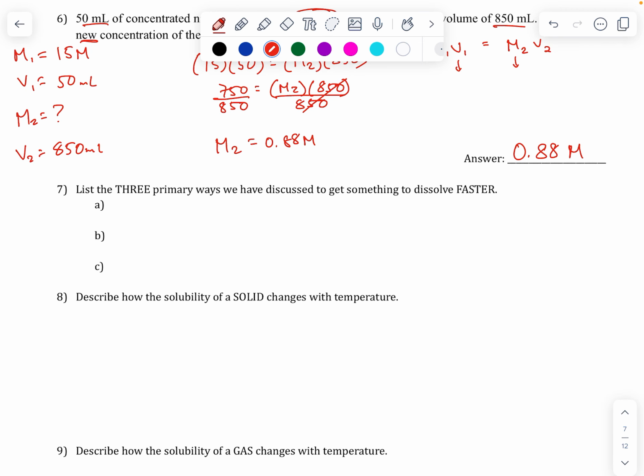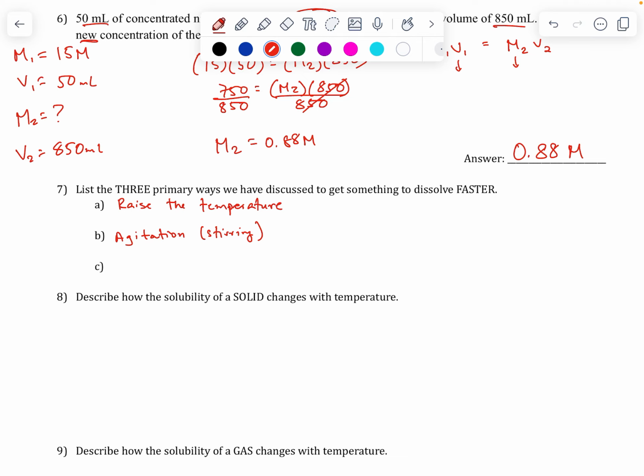The three primary ways to make something dissolve faster, and I'm going to do specifics: you could raise the temperature, right? You can do what we call agitation, which is just stirring.